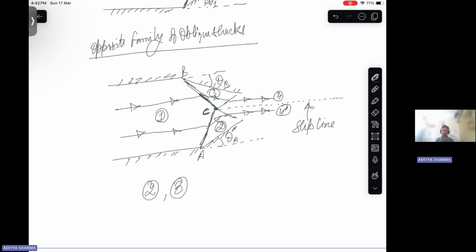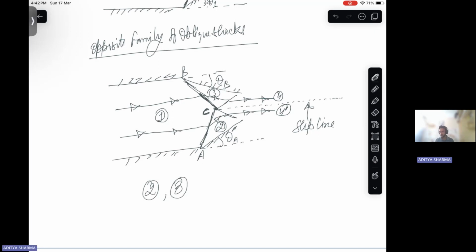Because deflection angles are the same and upstream Mach number is the same, which essentially means that they both are of the same strength. The only difference is the direction of deflection. Other than that, these are the same, right? So which means that across the refracted shocks, right?